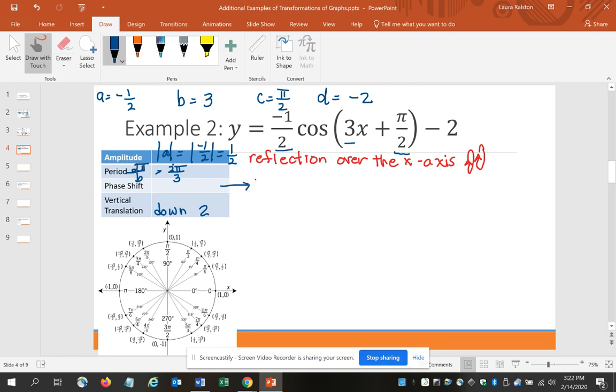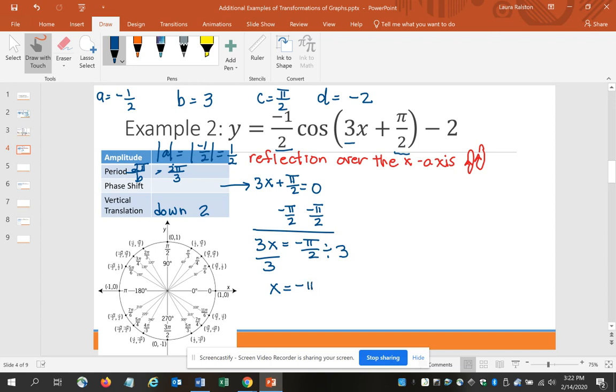So we would have 3x plus pi halves equals 0. I'm going to subtract pi halves from either side. So I have 3x equals negative pi halves. Divide by 3. Divide by 3. Remember your fraction rule. Flip and multiply.